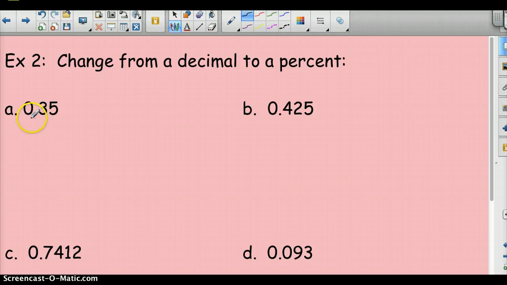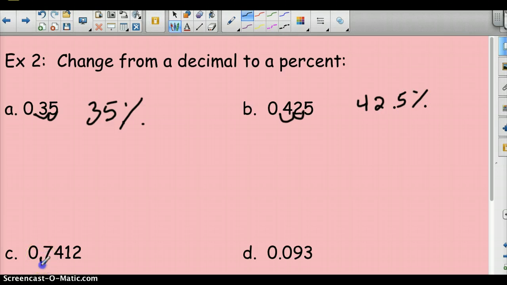Here we go. Same thing. Move it 2 spaces to the right and call it that number with a percentage after. Same thing, moving it 1, 2 spaces to the right and leave it right there. Leaves it as 42.5 and we throw a percent behind it. Again, easy, simple stuff.